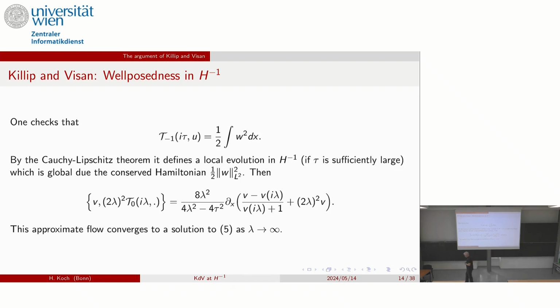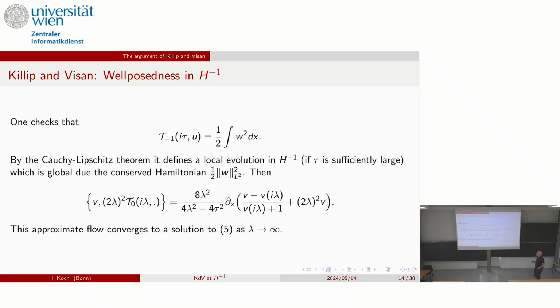So, what is the idea of Killip and Visan? I want to put it into a context which then also applies to the setting which I have. Basically, the idea of Killip and Visan, but they look a bit different because I put things a little bit differently.